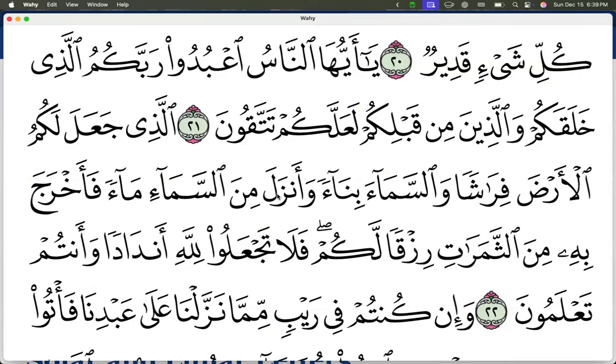You should commit this to memory because a lot of people make this mistake. What is this word right here? Ma'an, right? وَأَنزَلَ مِنَ السَّمَاءِ مَاءً. If I stop here, what will it become? Yes, you got it.